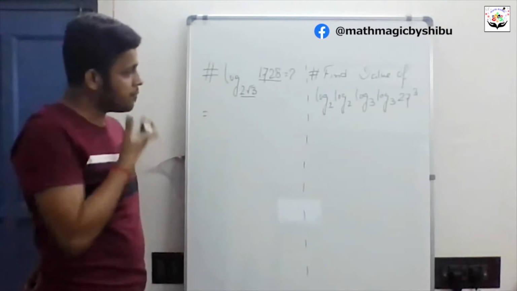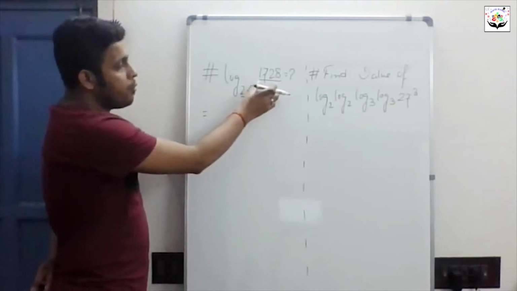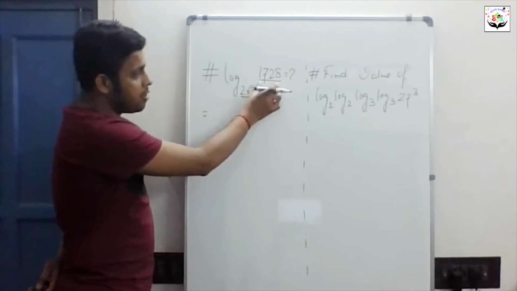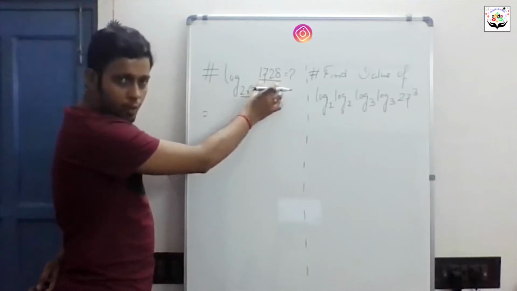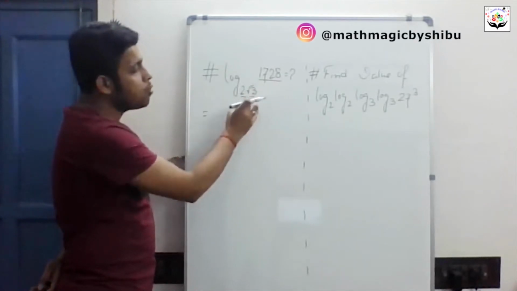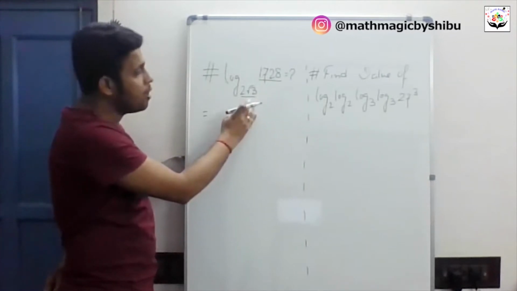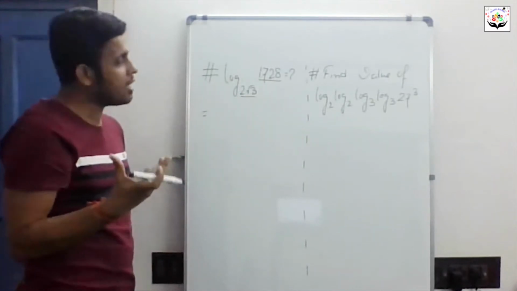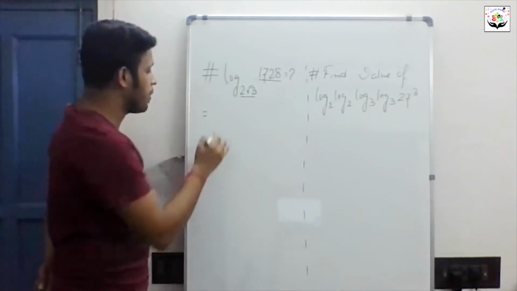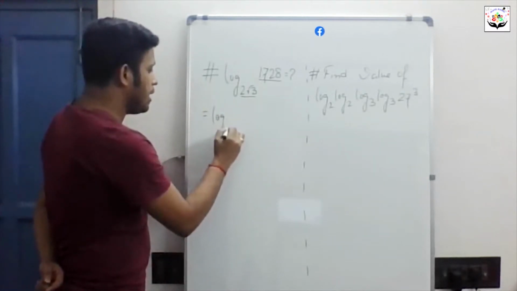What I mean to say is, we will try to modify 1728 with respect to 2 root 3, as 2 root 3 is the base. Let us see whether it is possible or not. So, writing it.